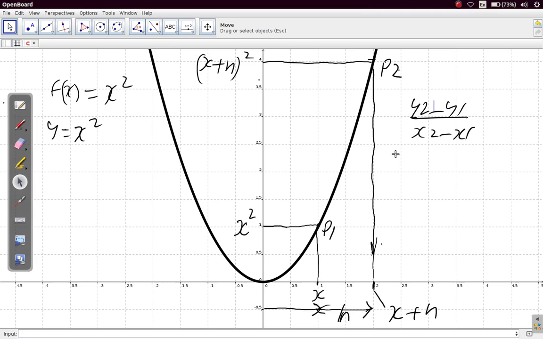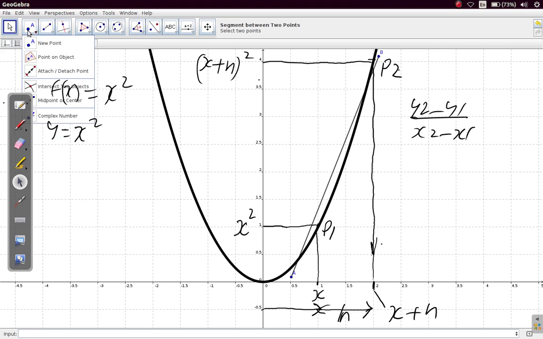That would be the gradient of that line. This line passes through both P1 and P2.